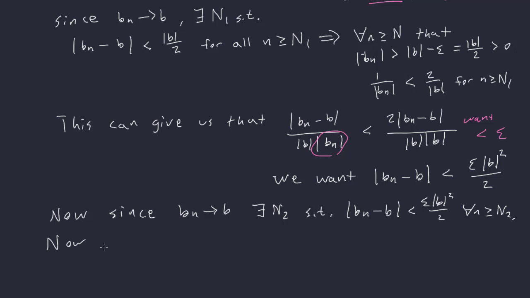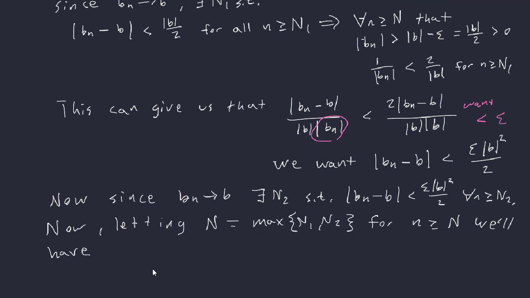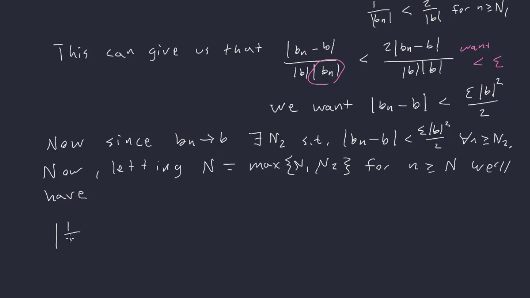Now, letting capital N be the maximum of N1 and N2, for little n greater than or equal to this capital N, we'll have, and I'm going to write it out, that the absolute value of 1 over bn minus 1 over b will be, I'll just jump to it, the absolute value of bn minus b all over the absolute value of b times the absolute value of bn.